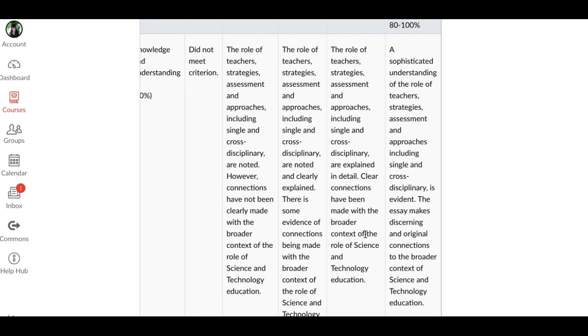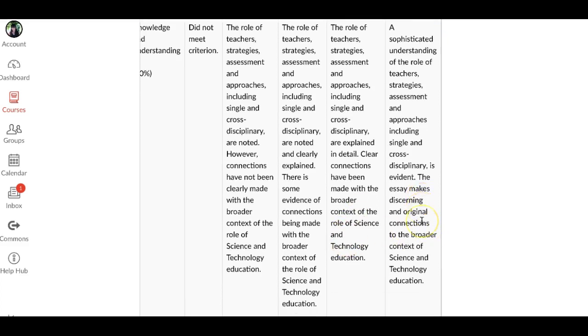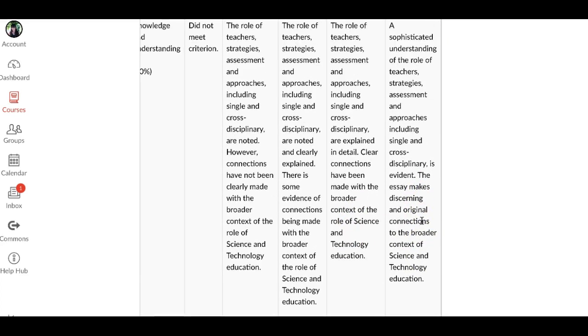And approaches are problem-based learning, or the 5 E's approach, or inquiry learning. So you've discussed things like that with examples. You can put some actual examples in there.